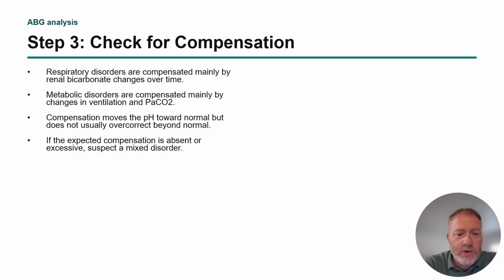Metabolic disorders, on the other hand, are compensated mainly by changes in ventilation and PaCO2. Those with metabolic acidosis or metabolic alkalosis change their breathing pattern, rate, depth, etc., to help compensate for the metabolic disturbance. Compensation moves the pH toward normal, but doesn't usually overcorrect it beyond normal. And if the expected compensation is absent or excessive, then suspect a mixed disorder.